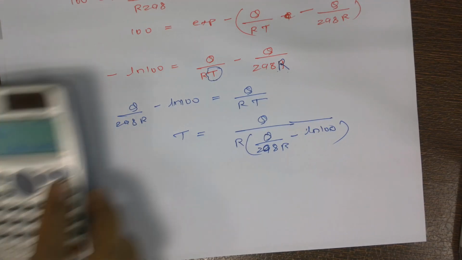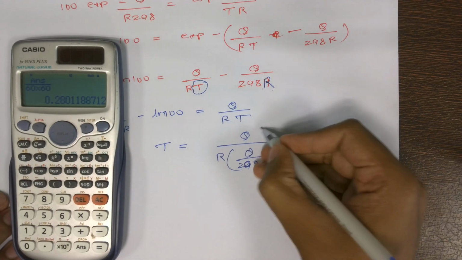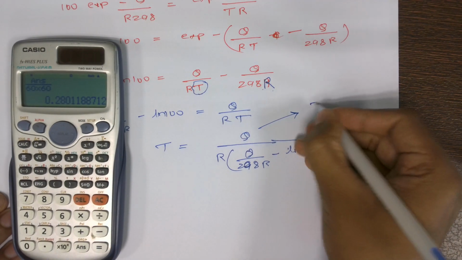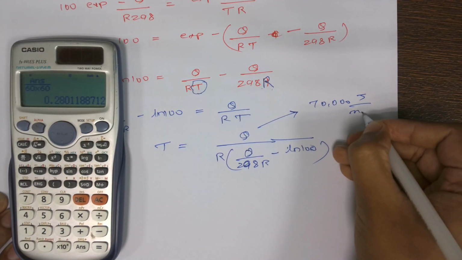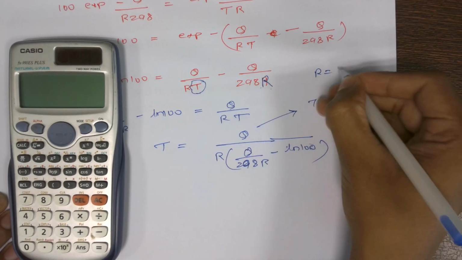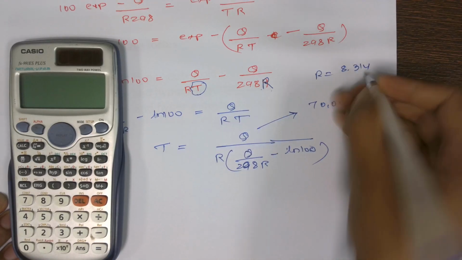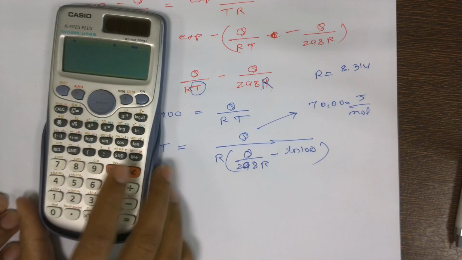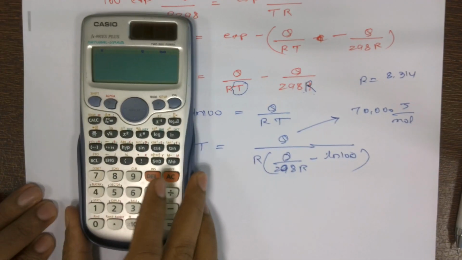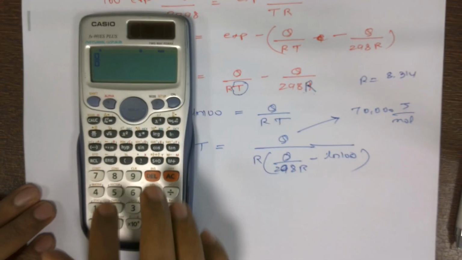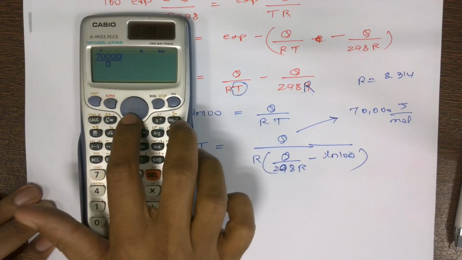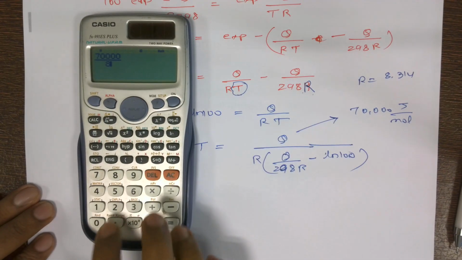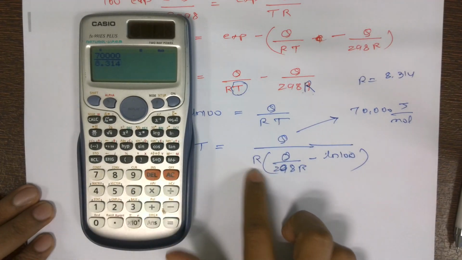Let's write it down. The value of Q I will substitute in terms of 70,000 joule per mole. R you have already told me, 8.314. Let's substitute the value. I think my calculator is visible. That is Q, 70,000 divided by R, 8.314, right?